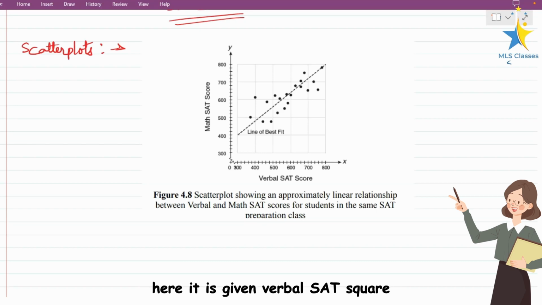Here the verbal SAT score and math SAT score are given, and you can see some points. Using these points we will draw a line called the line of best fit. The line of best fit best represents the relationship between two sets of data graphed in a scatter plot.